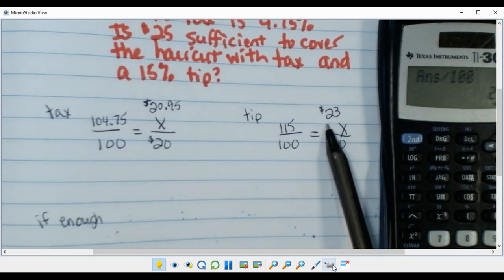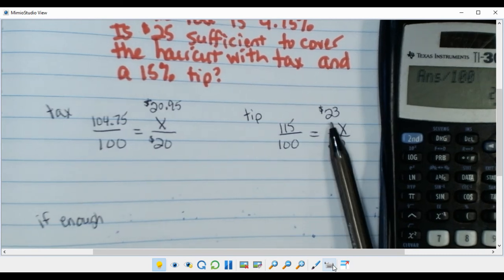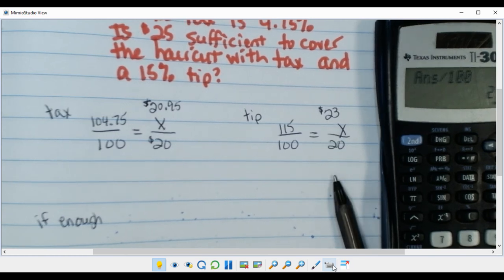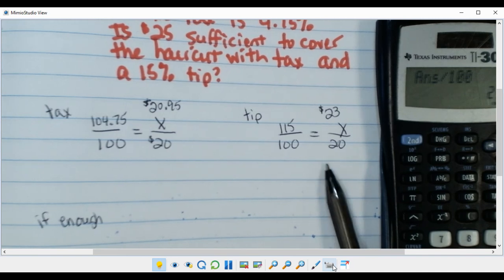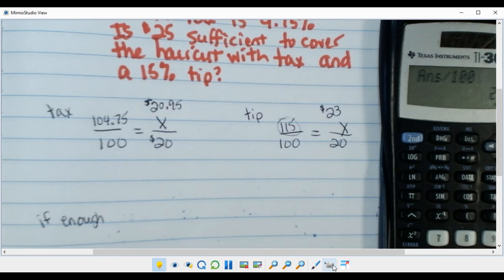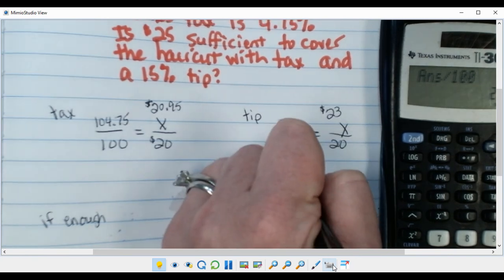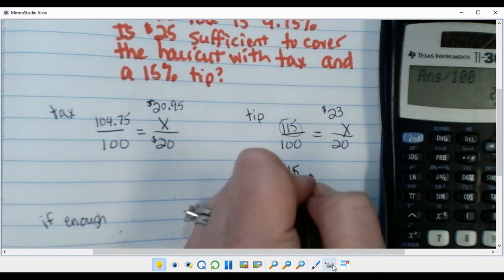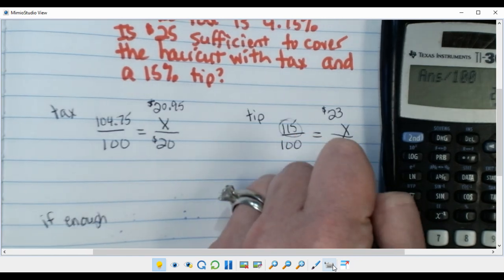Am I going to give them $23? I mean, if I look good, but the haircut only cost me $20, I'm not sure I'm going to double that price. Instead of doing the 115 here, perhaps I could have done just the 15. That might have given me a better answer.